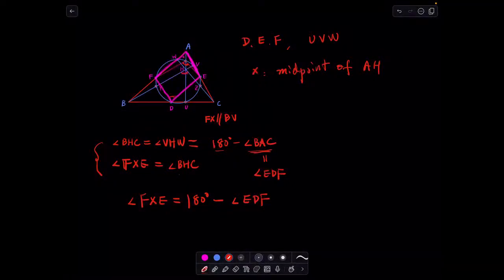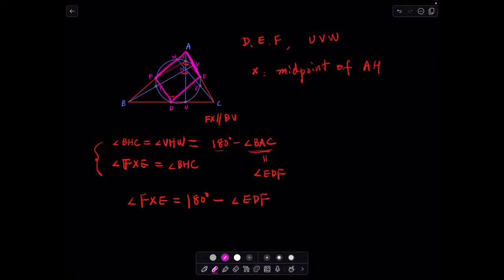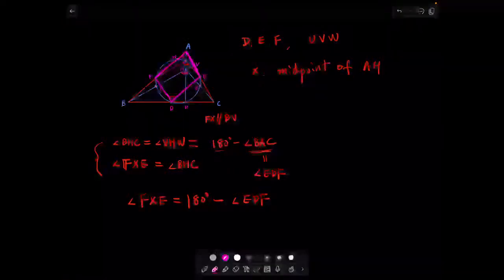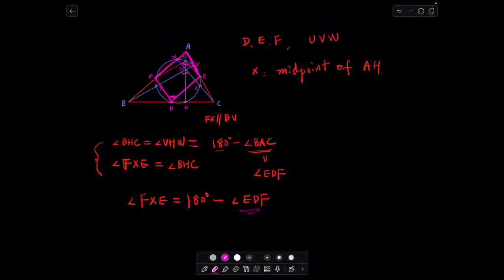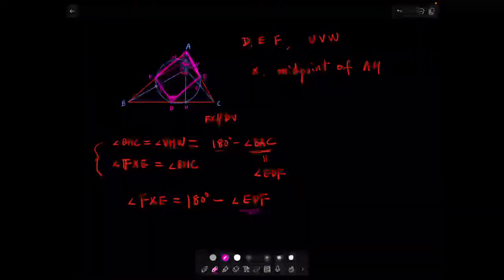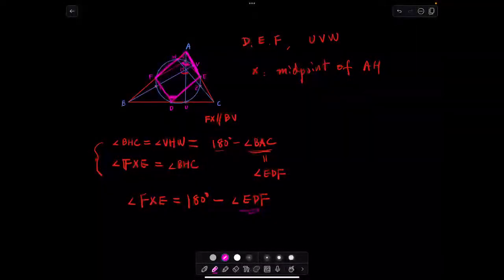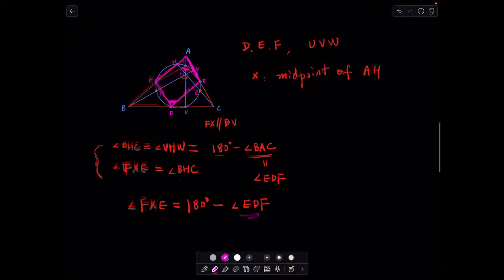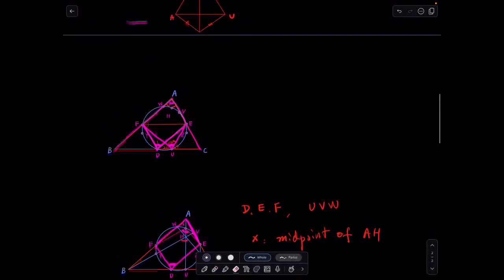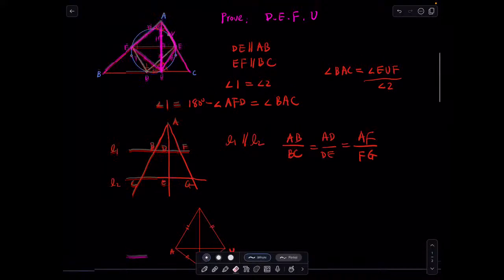Let's mark it, right? So here, FXE is this one, and EDF is this one. So we're saying that they add up to 180 degrees. So let's look at this. Too many highlights here, right? So let's redraw the original diagram here.